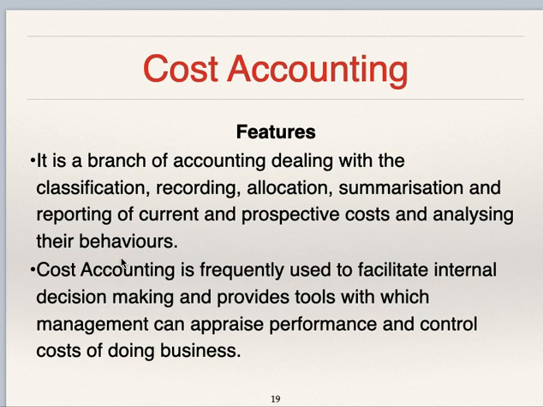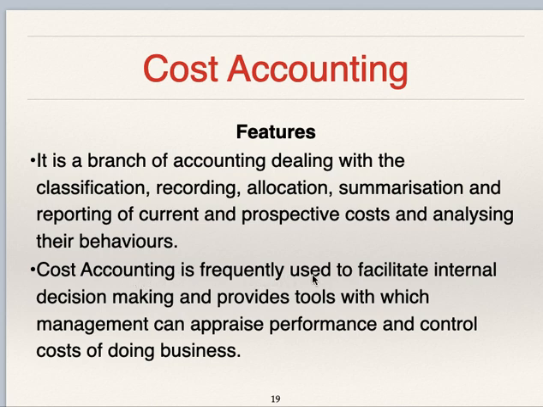Costs are classified like material, labor, expenses. Some common costs are distributed, apportioned among various products. Of course, totaling is done, total cost is found out, and it is used for the purpose of cost control.